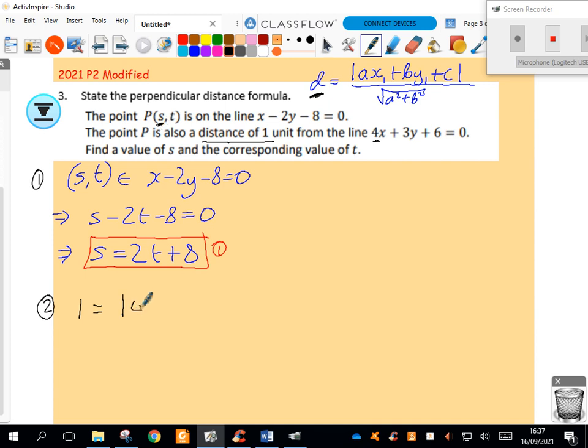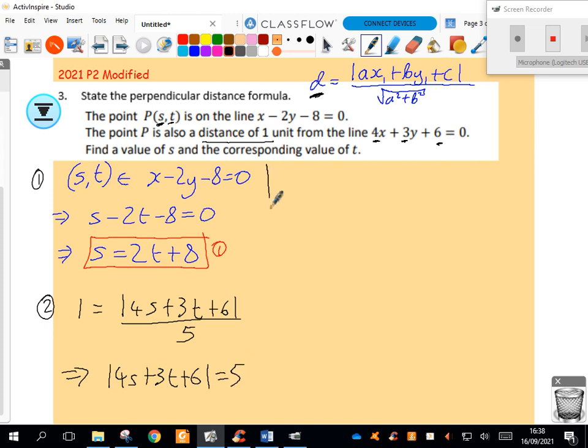So we're going to get 4 times s, plus by1, well b here is 3, c is 6, so it's plus 3 times y1, the y-coordinate of this point, that's t. Plus 6, which is plus c. The absolute value of all that, divided by the square root of a squared plus b squared. Well, a is 4, b is 3. The square root of 4 squared plus 3 squared is 5. So solving there, we get the absolute value of 4s plus 3t plus 6 is equal to 5.